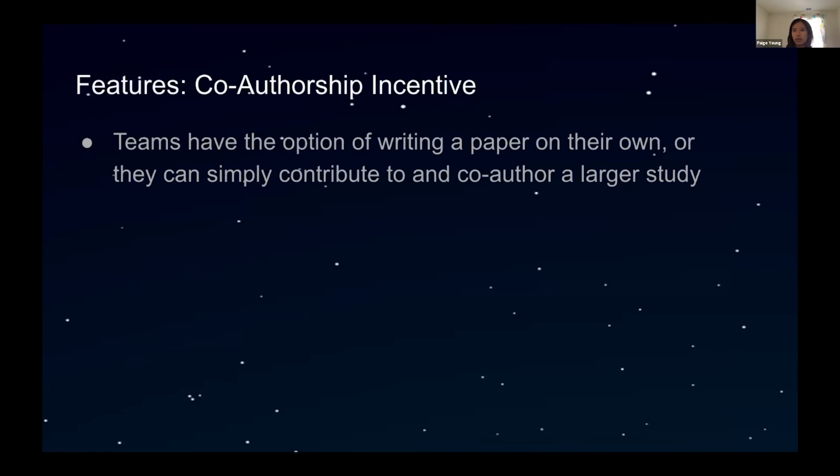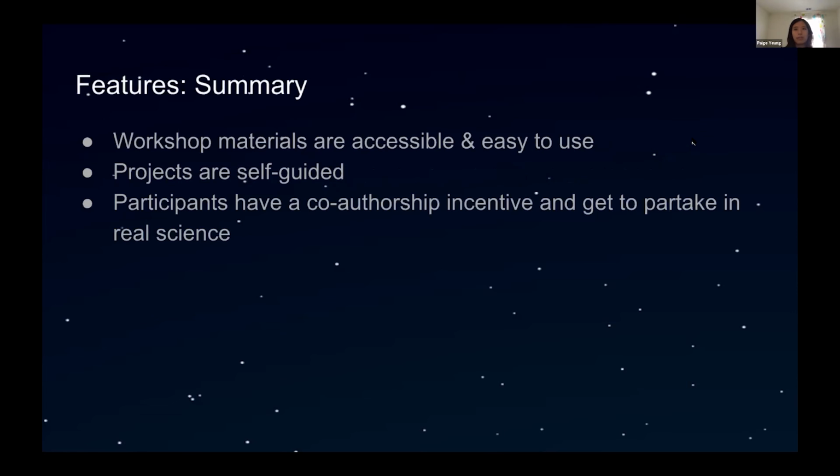And again, if they wrote a paper, they had a chance to work more with professional astronomers to conduct research, and they're more encouraged to pursue their project. So, in summary, for the features, workshop materials are accessible and easy to use.